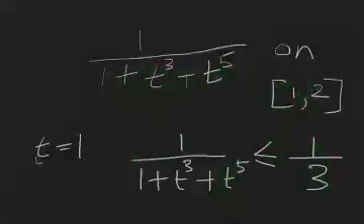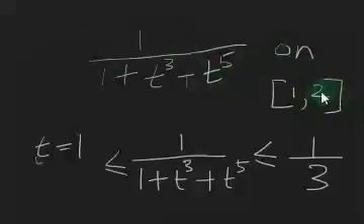The minimum value occurs where? At 2. Just substituting 2 into the function, you can find the minimum value.